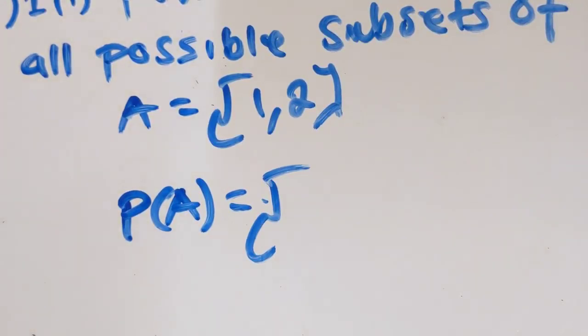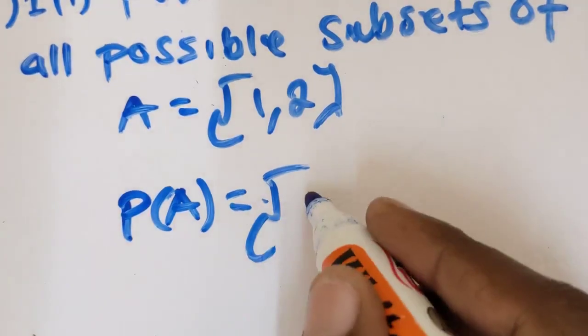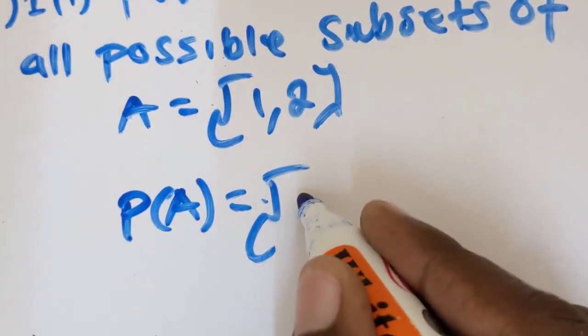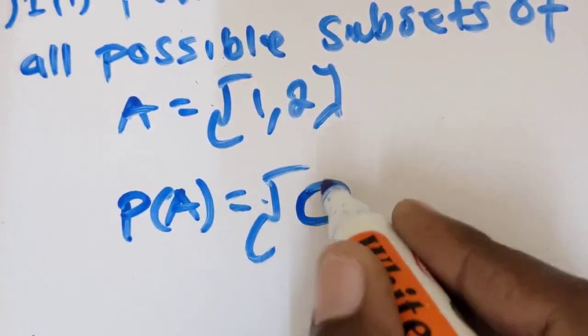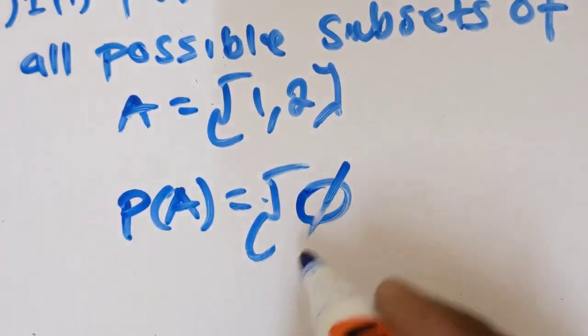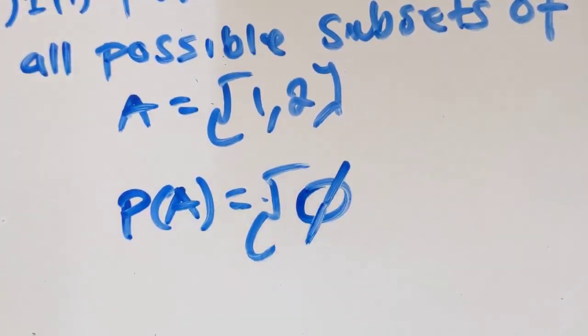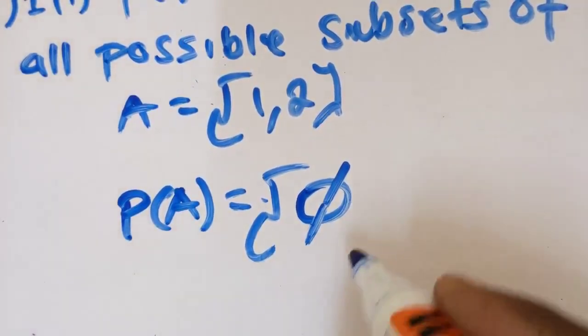So what you're supposed to include is an empty set.